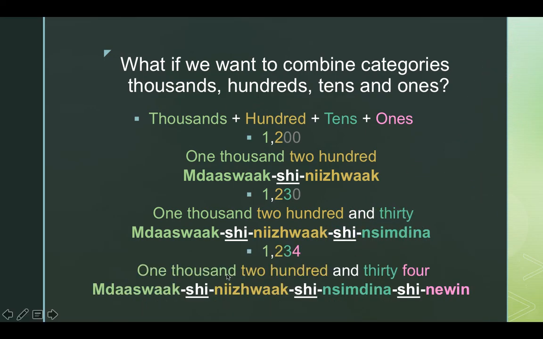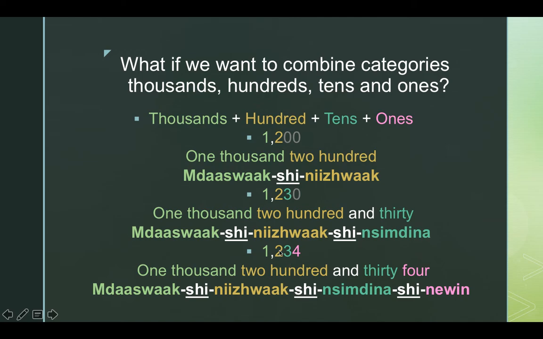So we got 1,234, all color coded there. So we're using all 4 categories here. Ndaaswak, Shinijwak, Shinsimdina, Shneawin.